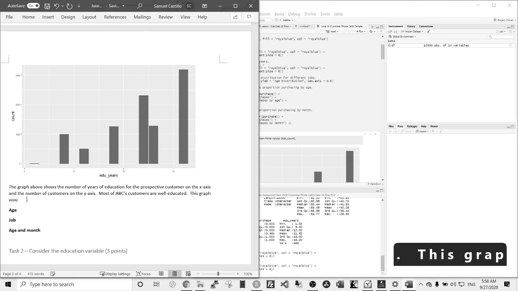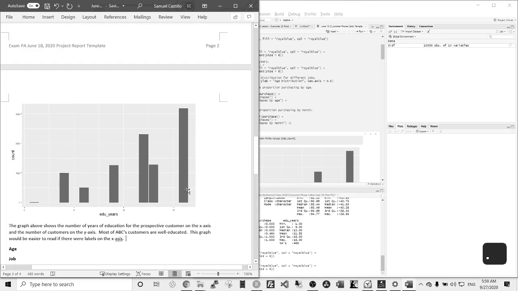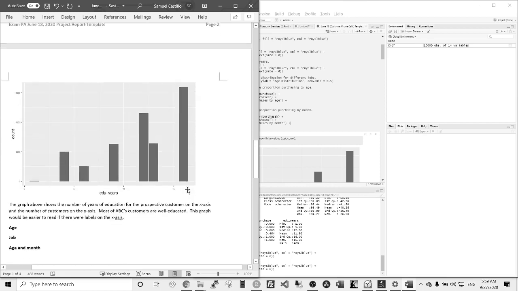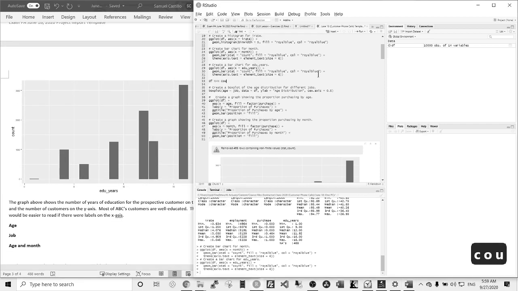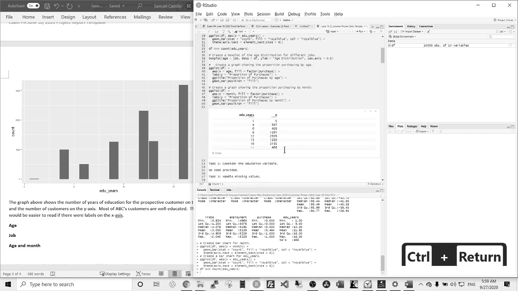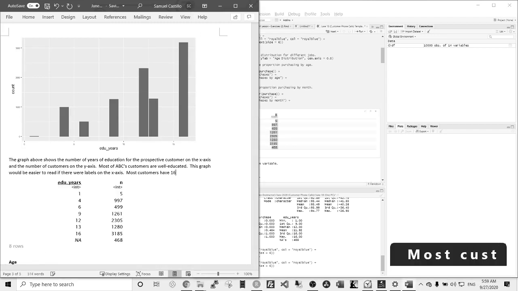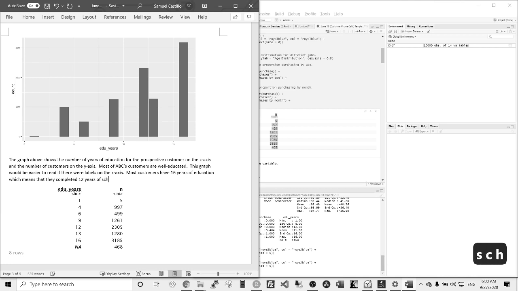Except this graph doesn't give it to us. This graph would be easier to read if there were labels on the x-axis. But if you look back at the summary, an easier thing to do is just do DF and then count EDU years. There it is. So most customers have 16 years of education, which means that they completed 12 years of school and 4 years of college.